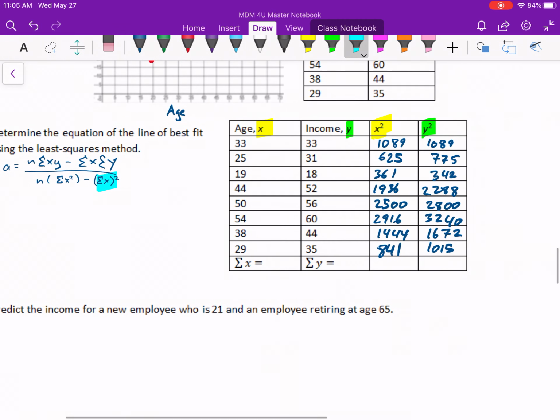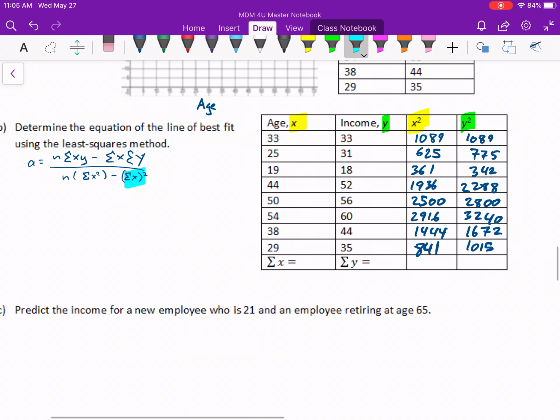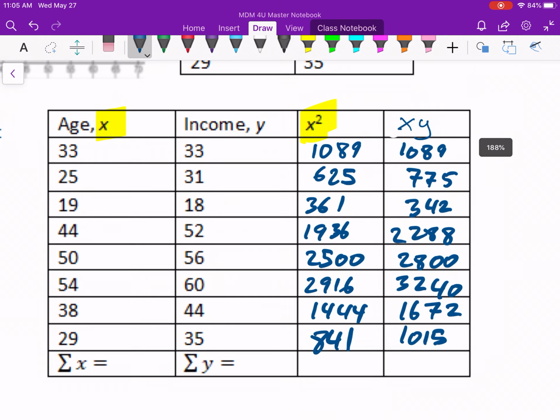So we don't get the exact same thing. Sorry, I just realized that I had filled everything in, but I was a bit misleading for a second. I mislabeled this column here. Just looking at the formula again, it reminded me that this is not actually y squared. This is x times y. My bad.